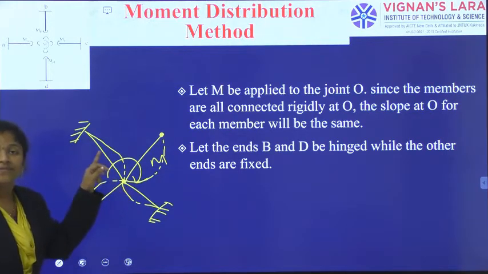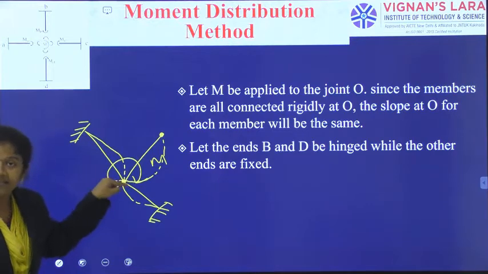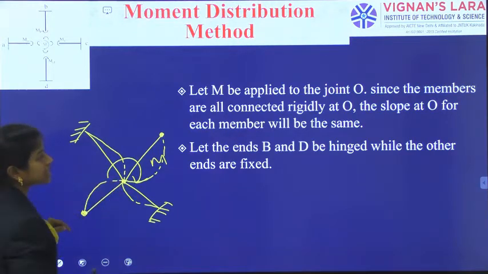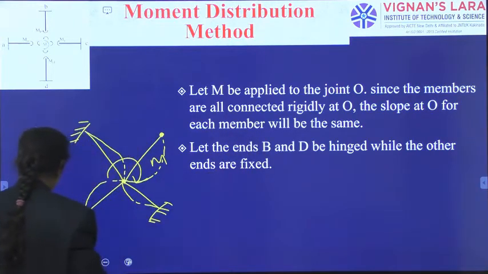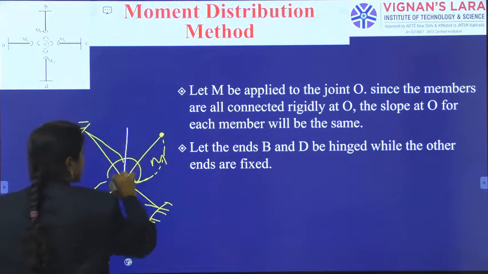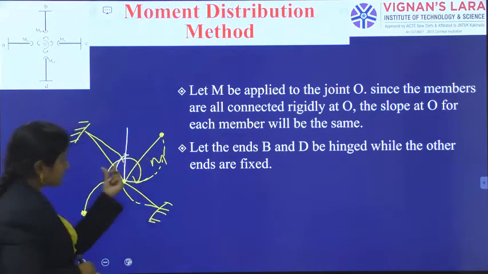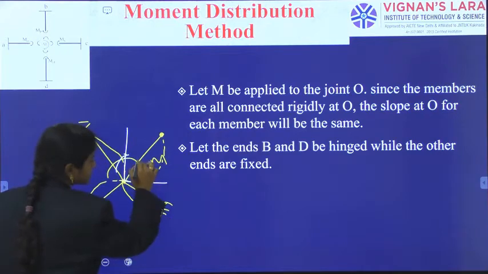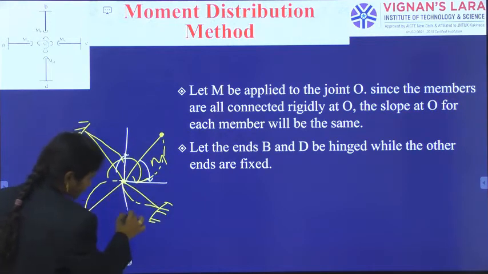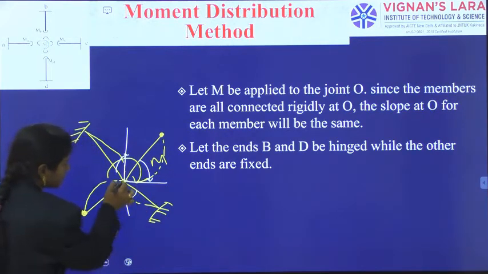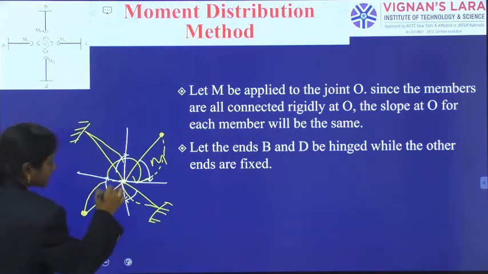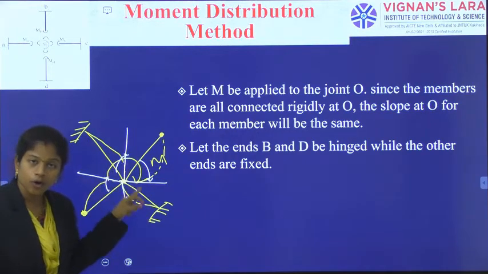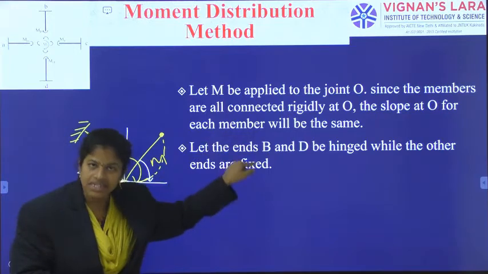Each member will show the same slope at the rigid joint. So, as I am calculating the slope, the first slope, and for this segment, what is the slope, and for this segment, what is the slope value, and for this segment, what is the slope value. All these slopes are same that they are mentioning in the theorem.